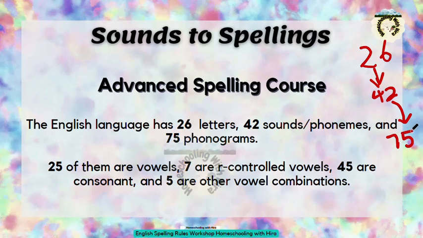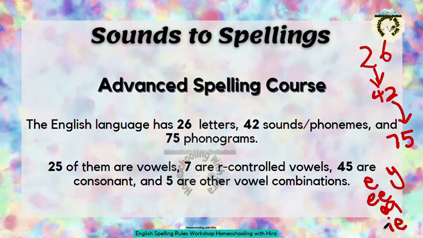different ways. For example, you can write E like this, you can write E like this, you can write E like this, and you can also write E like this. Letter Y also says E. So now you see, only the sound E can be written in many different ways.